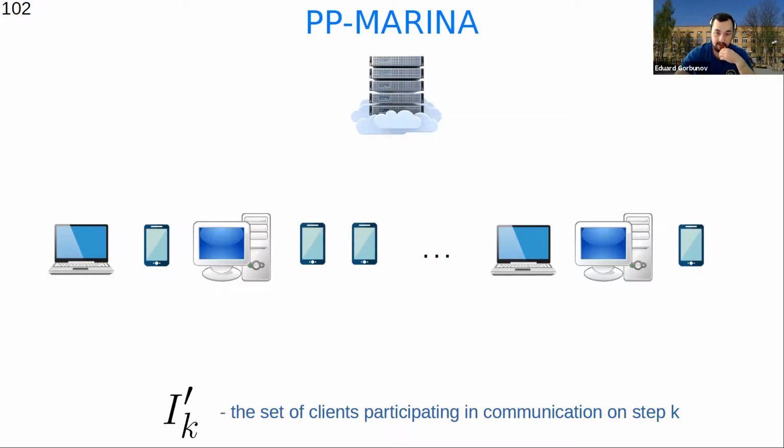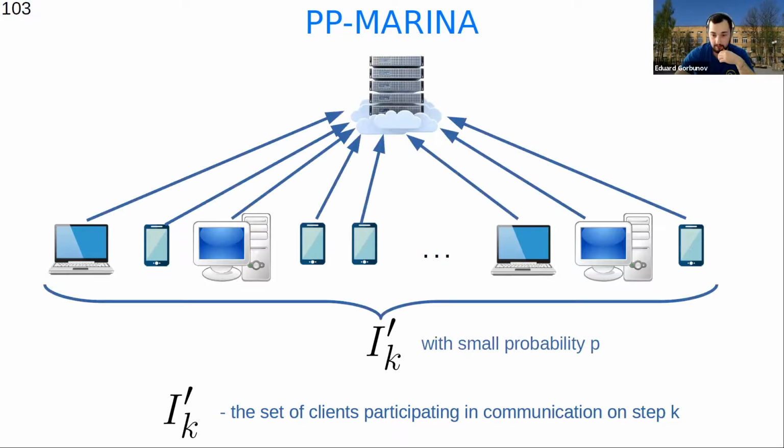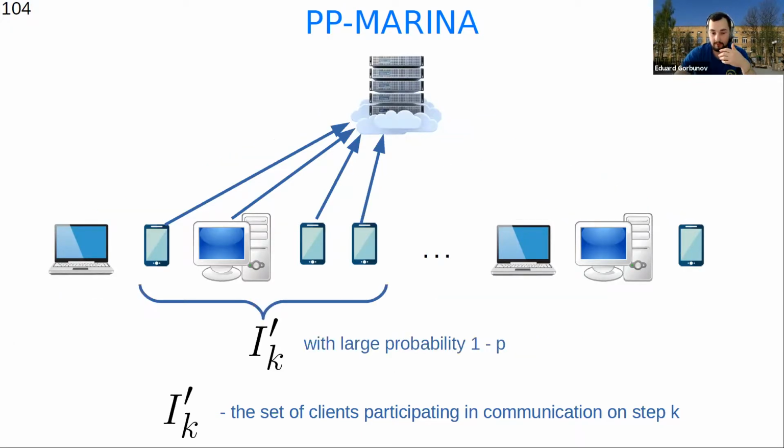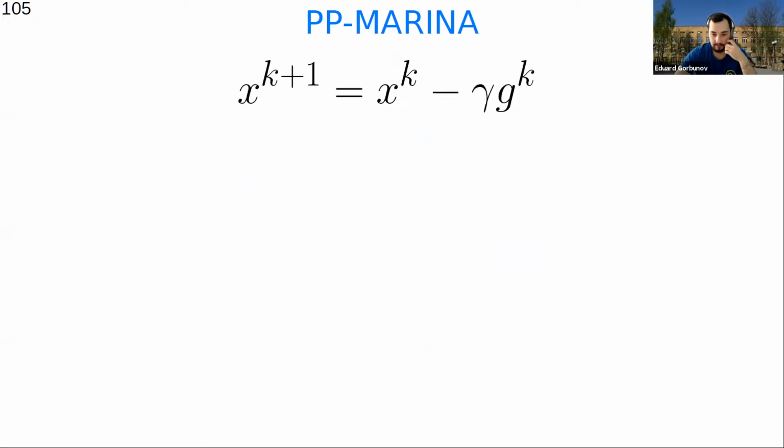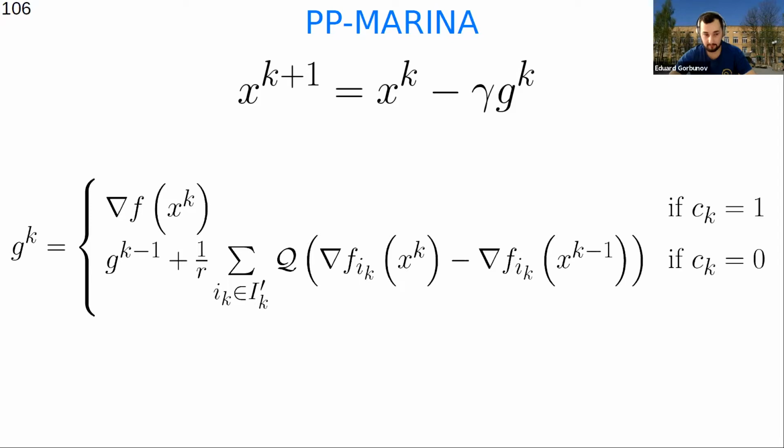In MARINA with partial participation, with small probability, all clients send the information to the server, and with larger probability, 1 minus p, just some subset of clients communicate with the server. This is the idea, and the update rule is the same as before, but the difference is in how we choose g^k.